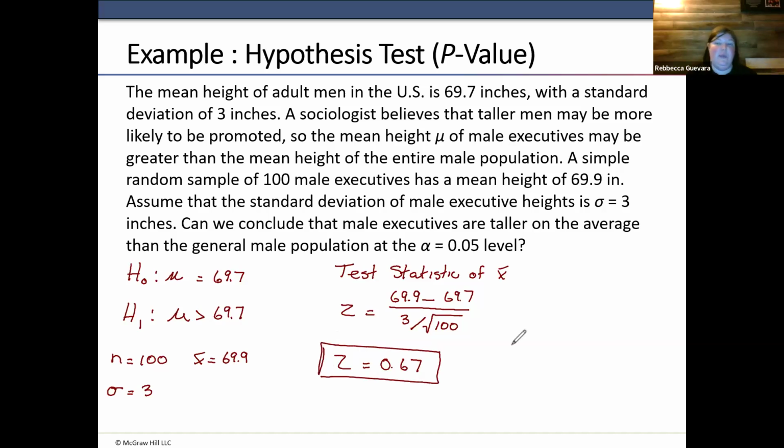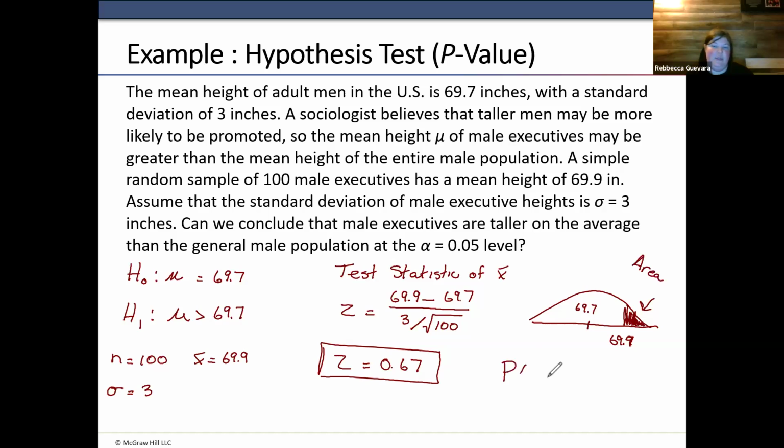All right, so what we need to figure out is that we are looking at a right tail test. We want to know if 69.9 inches is here and the average is 69.7, how improbable or probable is this example? So we need to figure out this area.